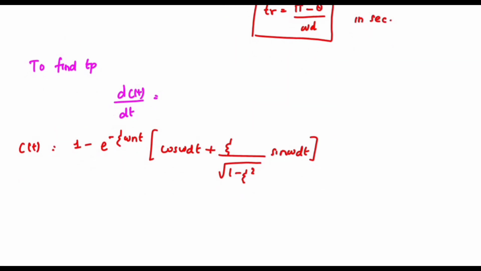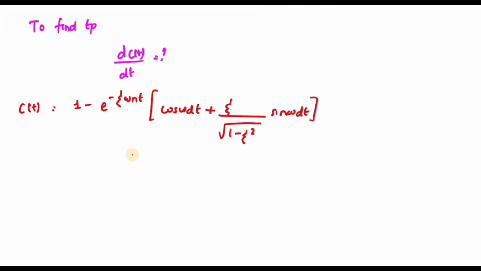So for that, let me copy the value of c(t). This is my value of c(t), and I am going to differentiate this with respect to t. So you will get 1, and if I differentiate with respect to t, it goes to 0. So minus e power minus damping factor omega n t. If I differentiate cos omega d t, I will get minus sin omega d t into omega d.